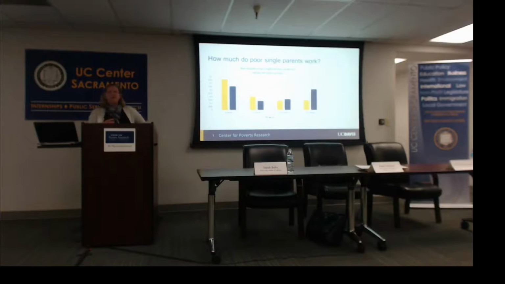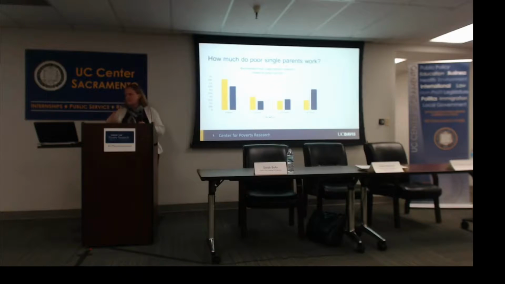If you look at this group and ask how much do non-disabled, under 65, poor single parents work, you see that from 1990 to 2014, the fraction of that group who worked 0 weeks, didn't work at all in the previous year, fell dramatically. And also striking is that the fraction of that group working all year round, so 50 or more weeks, went from about 15 to more than 30%.